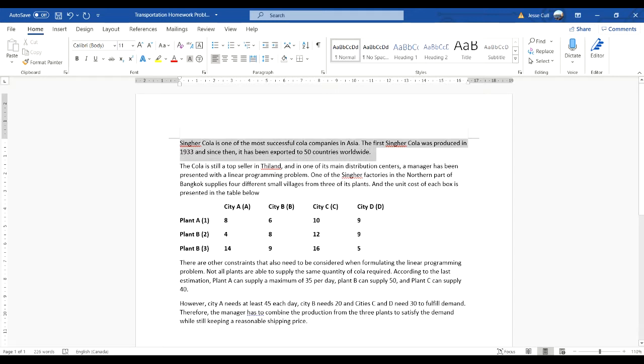All of this, while interesting, does not in any way affect our situation. So for right now, we can largely ignore that. Moving on, the cola is still a top seller in Thailand. And one of its main distribution centers, a manager has been presented with a linear programming problem.